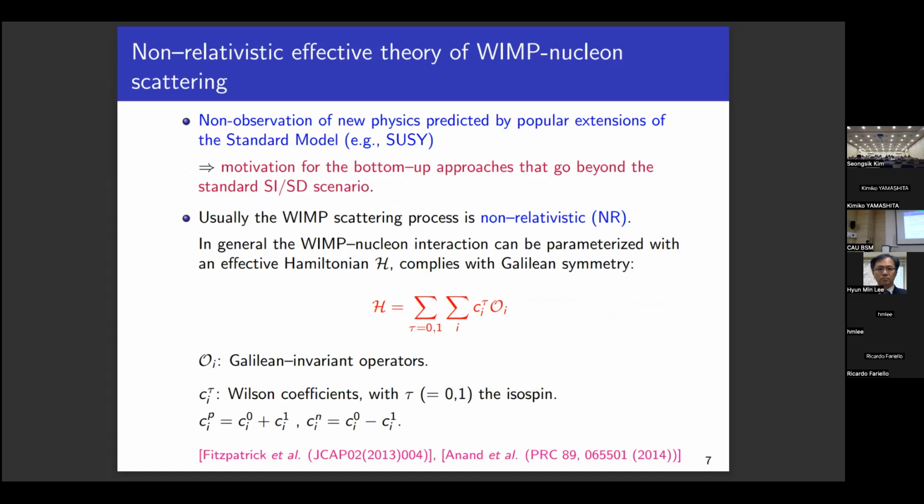So in general, the WIMP-nucleon interaction can be parameterized in terms of an effective Hamiltonian that is non-relativistic, and that's why it complies with the Galilean symmetry. The general structure of the Hamiltonian operator is like this, where the O_i are the Galilean invariant non-relativistic operators, the c_i are the Wilson coefficients, tau is the isospin, and the coupling to the nucleon can be obtained in terms of the isospin coupling in this way.